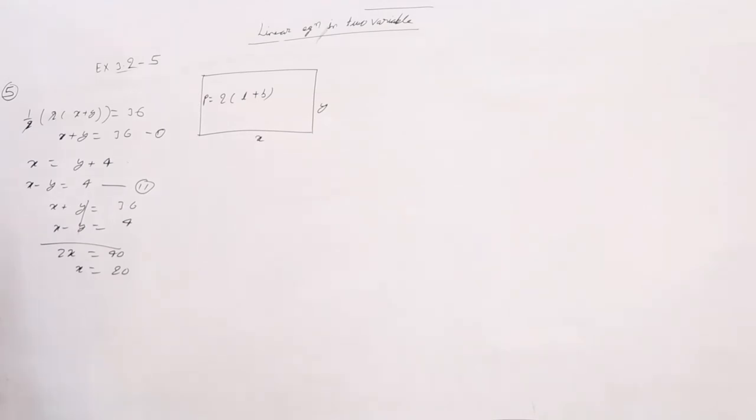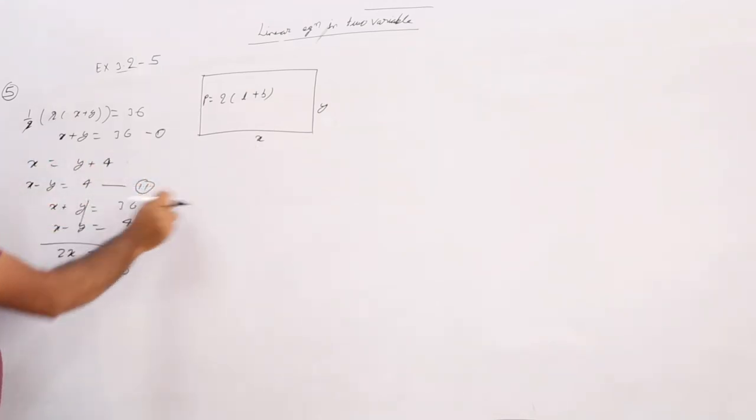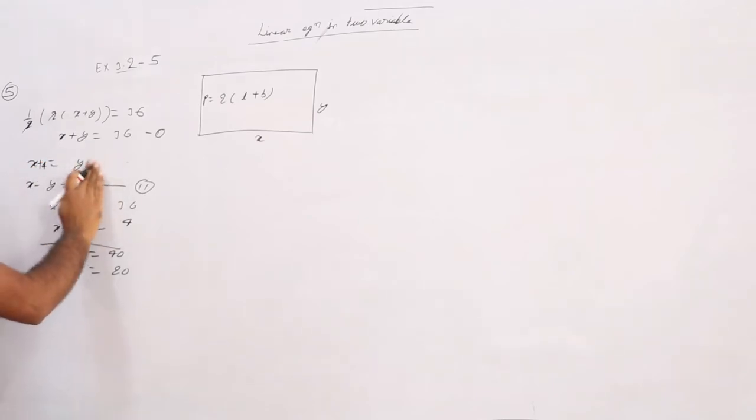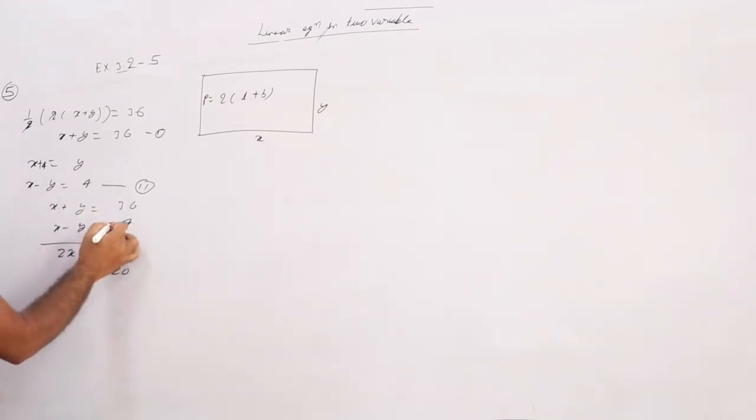Length is 4 meters more than breadth, is it right? We have assumed length as x. In this one you should add 4, not here. Yes or no? So x plus 4. What will it be here? Minus 4, right?